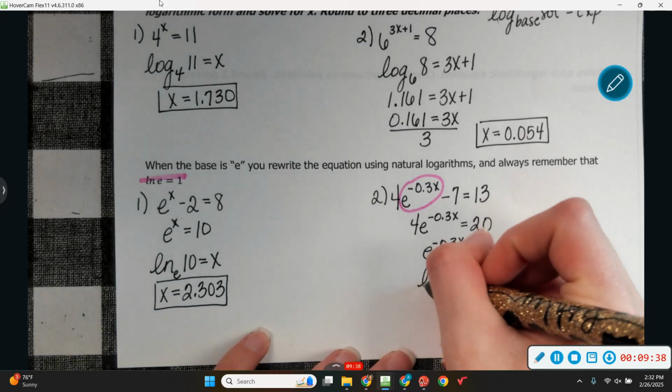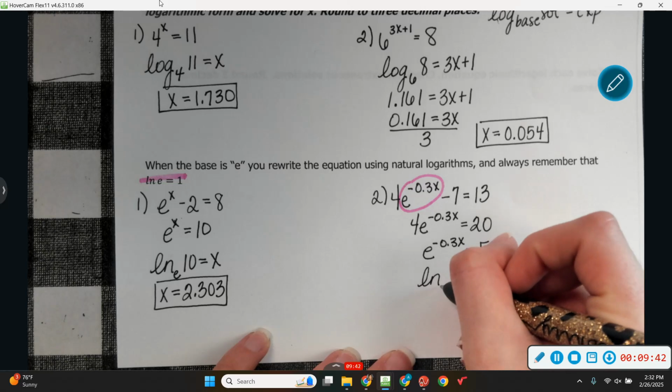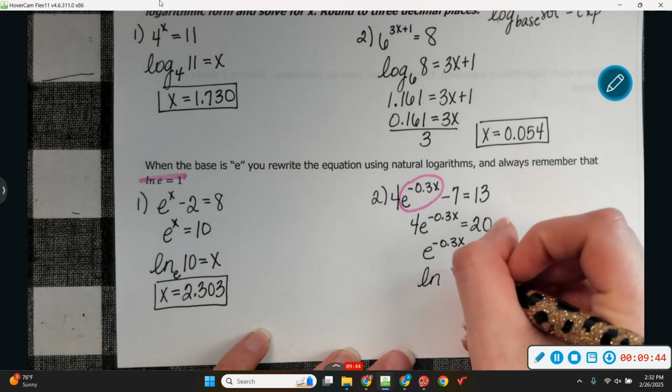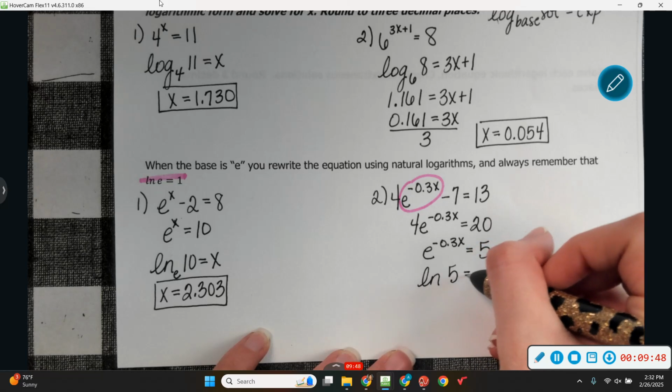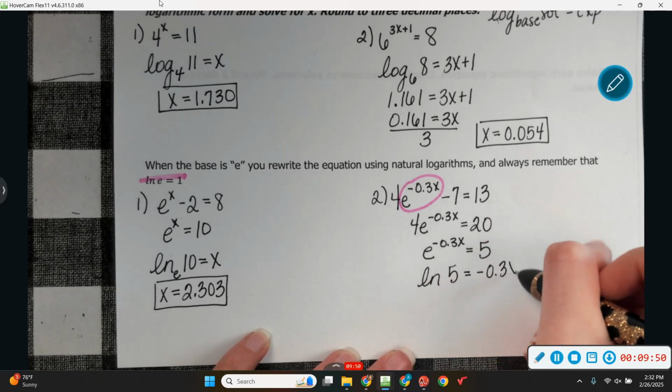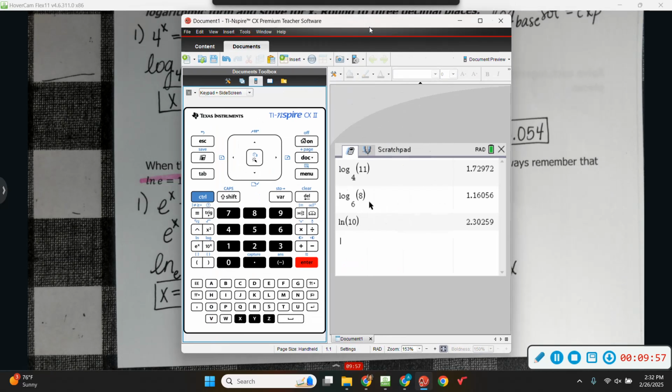I'm going to take the natural log. Remember, the natural log has a base of e, so if you want to write it, you can, but I'm not going to. Natural log, base of e of 5 equals negative 0.3x. So we can use the calculator.